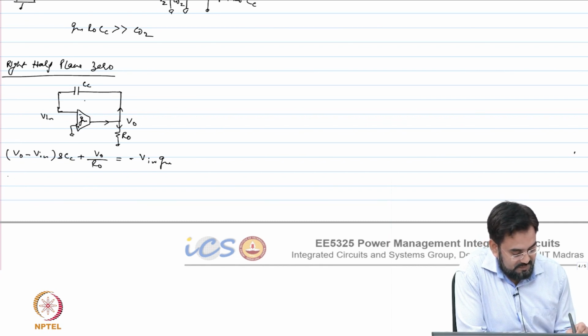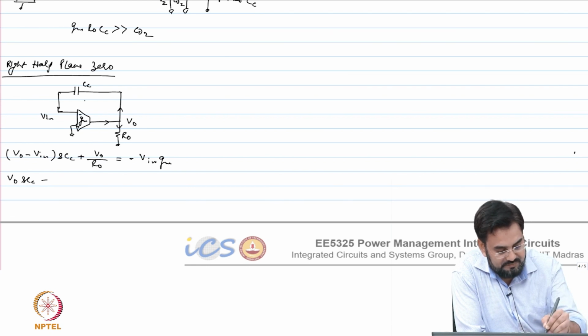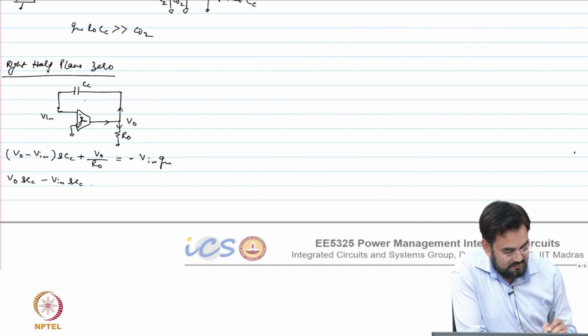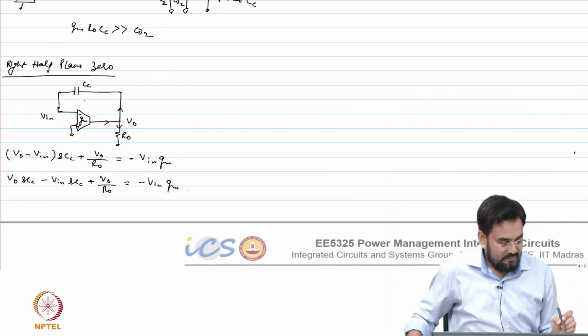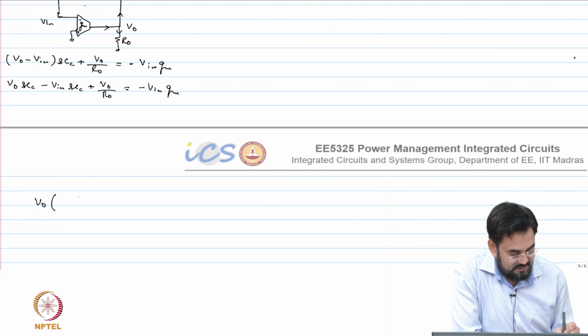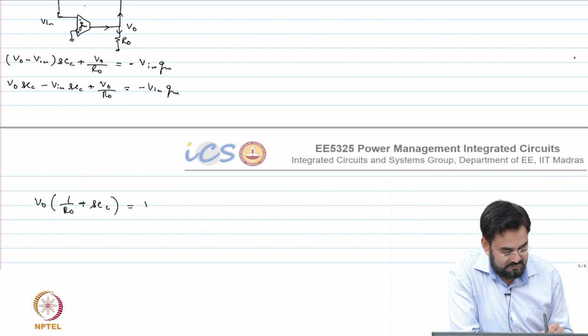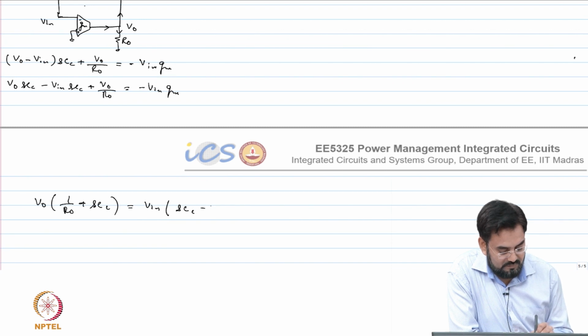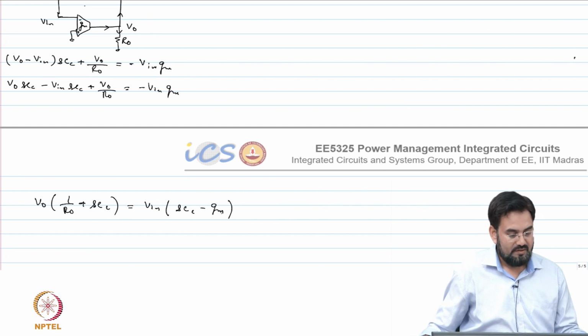So V out S of CC minus V in, so this can be written as V out equal to, okay.